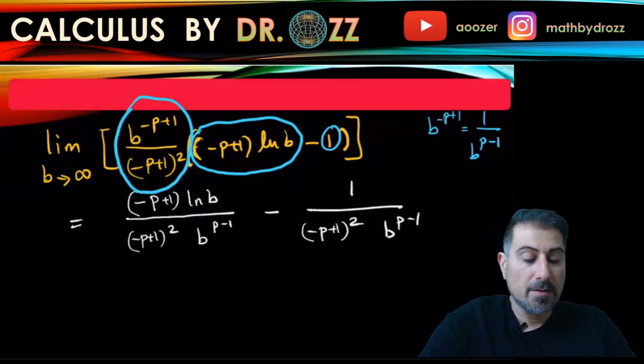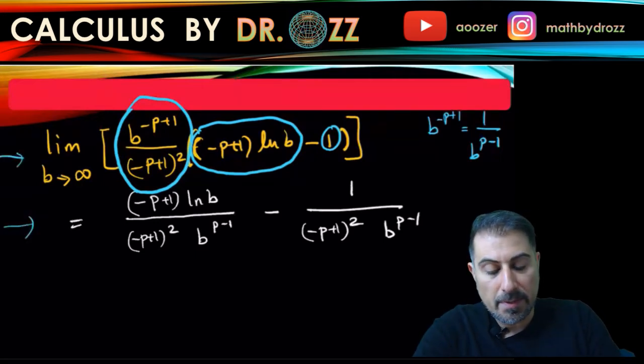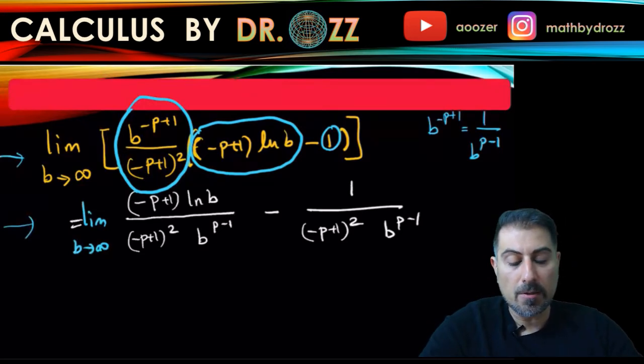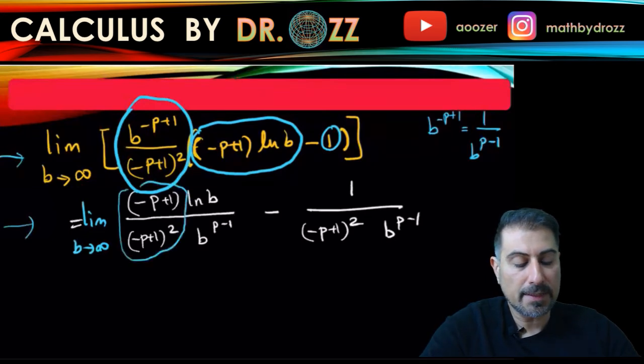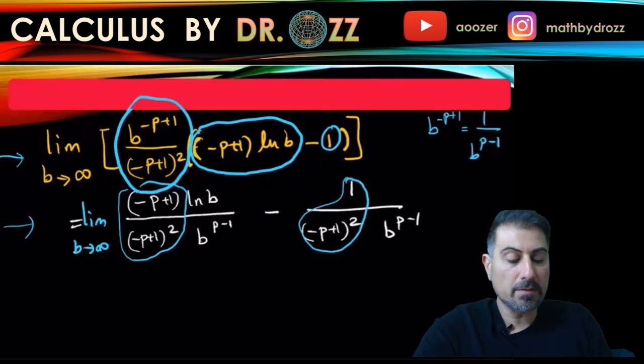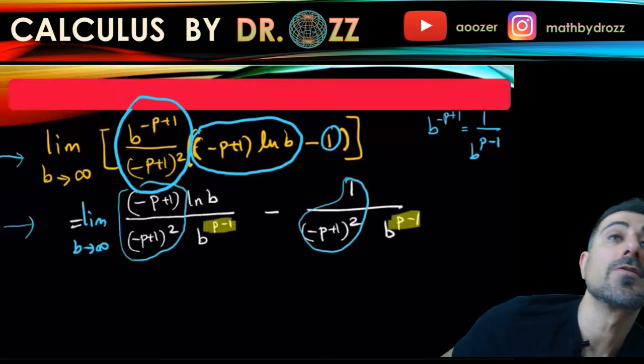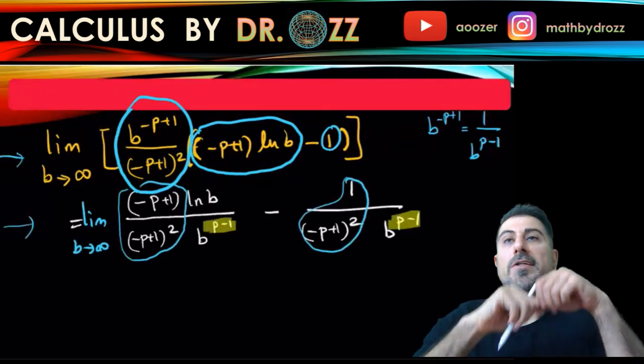So remember that the limit operation is on b, so these parts are constant at this moment. I don't need to worry about that, but I have to worry about the exponent of the b terms here. This is a very good limit question.